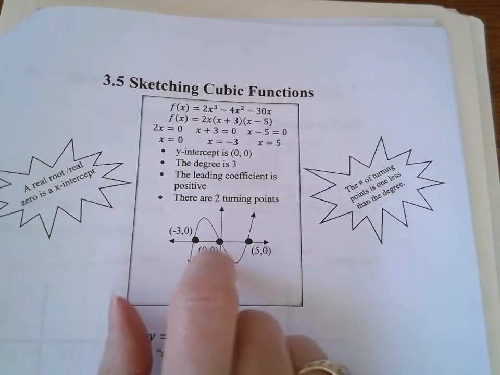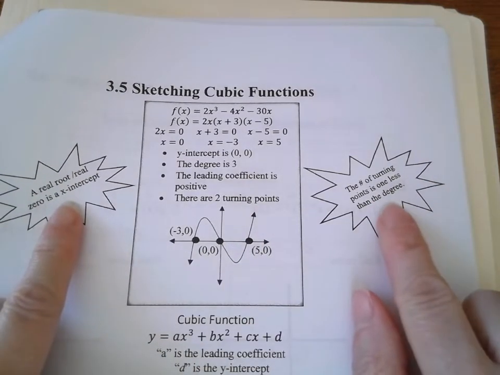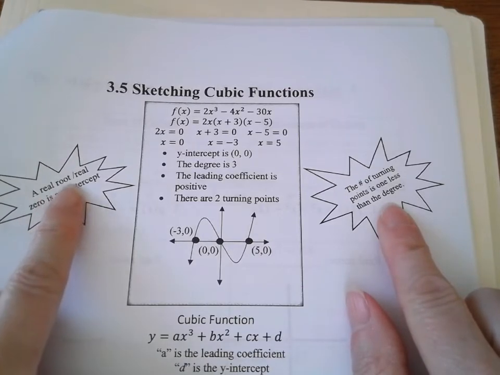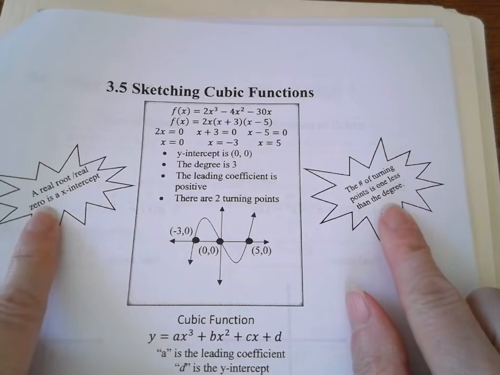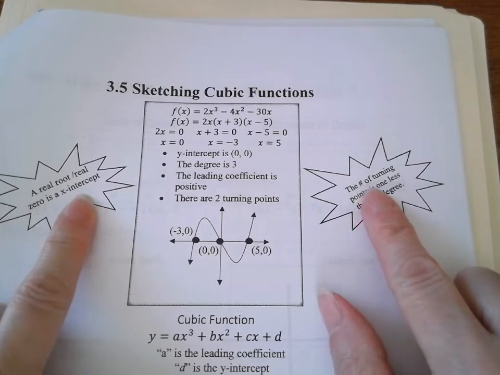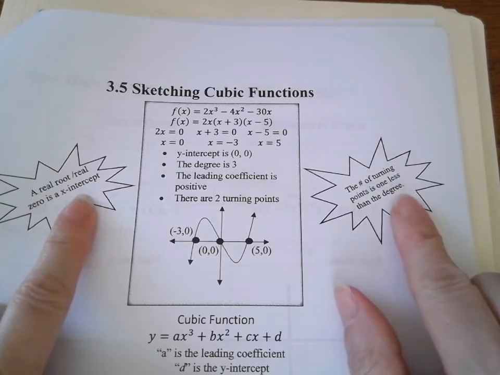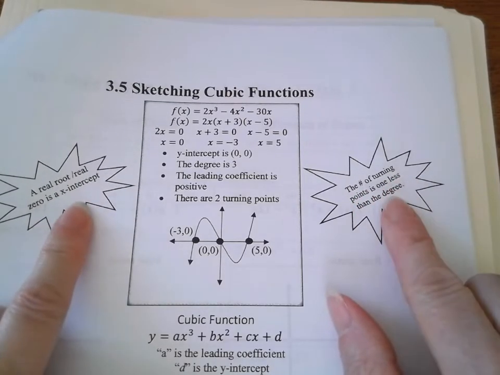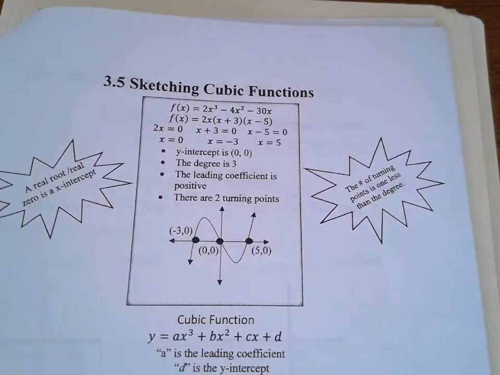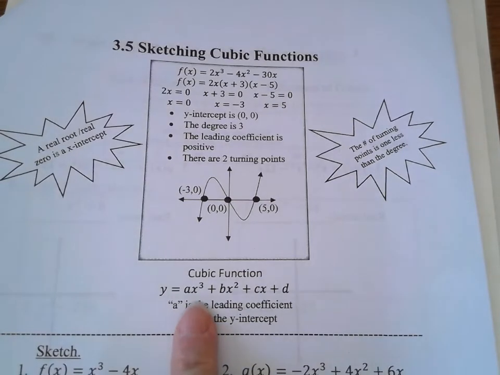And you can also read some things that I've got here in these little starburst. A real rational root, or a real root, is a real 0, which is also called an x-intercept. And the number of turning points is 1 less than the degree. So these are things that we have learned from Math 1 and from previous lessons in this class. And here's your basic setup of a cubic function.